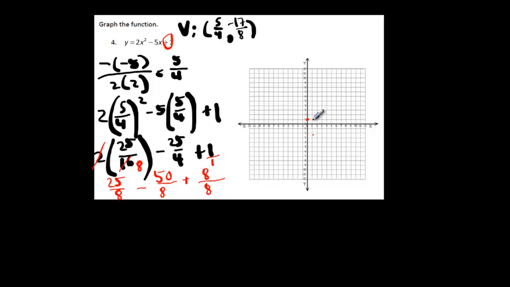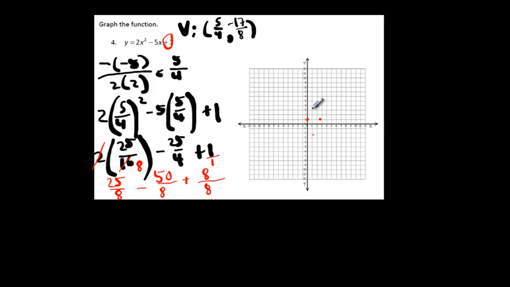So if that's a distance of 1 1/4, I want to add 1 1/4 to 1 1/4 to get the other point. So 1.25 plus 1.25 is 2.5. So you're going to have a symmetric point right here.